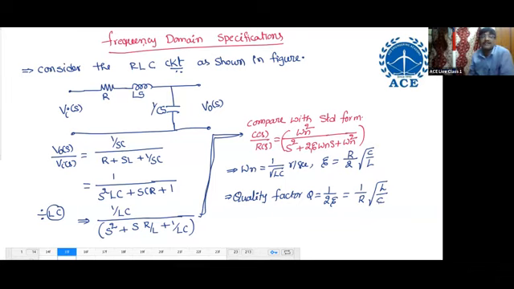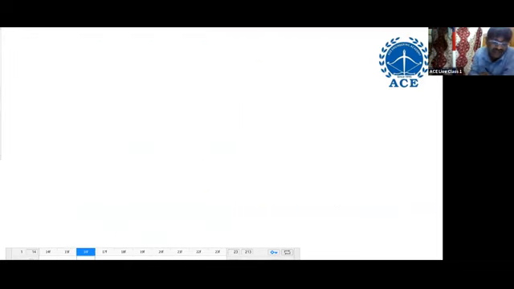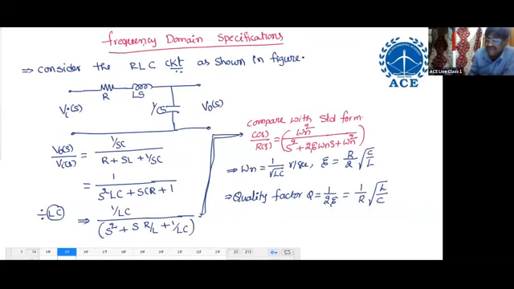It does not occur in a first order system. Be sure to remember. Now draw the frequency response for the RLC circuit.